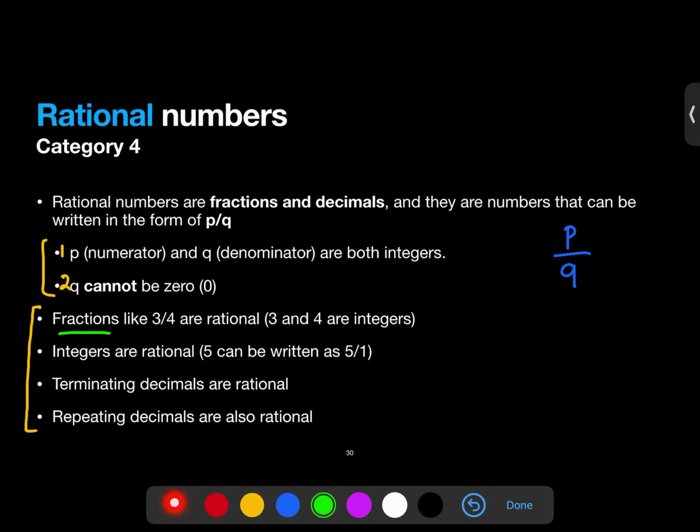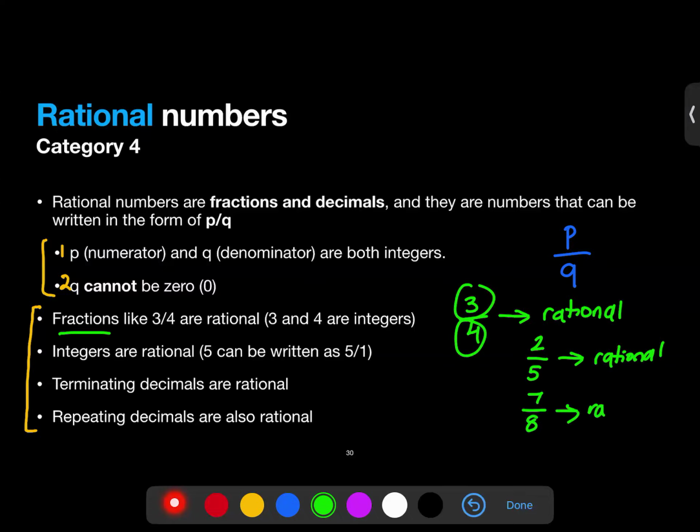For example, 3 over 4 is rational because the top is an integer and the bottom also is an integer. 2 over 5, for example, is rational. 7 over 8 is rational. So all of these fractions with integers on the top and bottom are all rational.